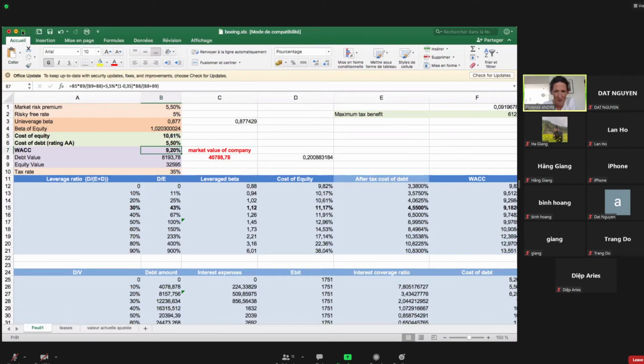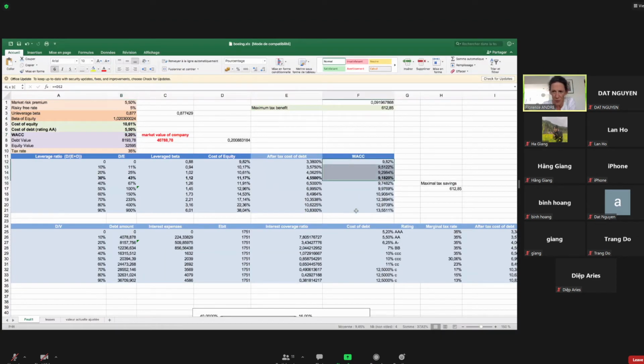So here you have the calculation of WACC, and here I made changes in the leverage ratio. So it's D over V, and then I have another column with debt over E. Here we have the levered beta, so it's not complicated because we have the new ratio, so we can estimate the cost of equity.